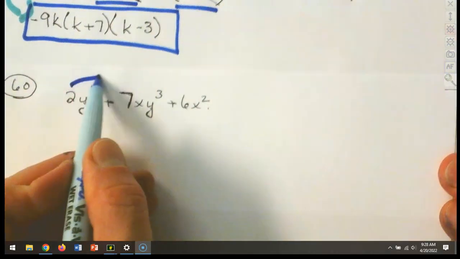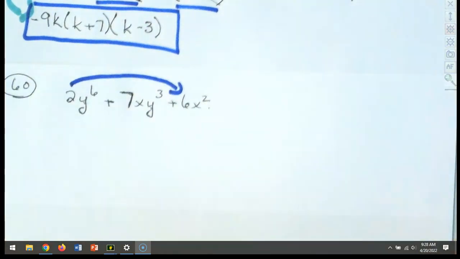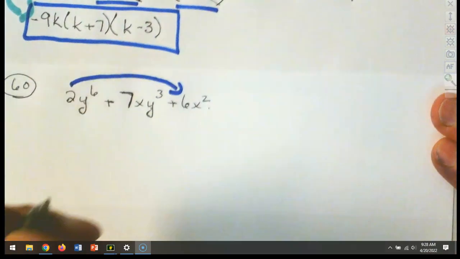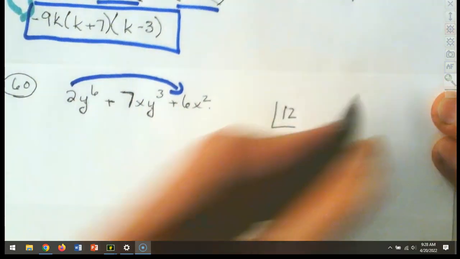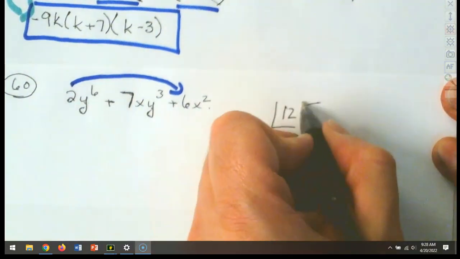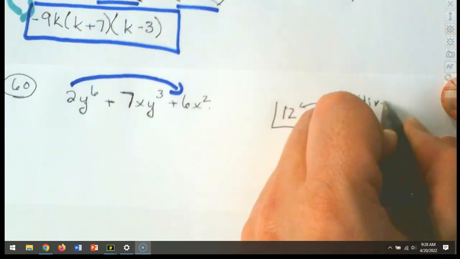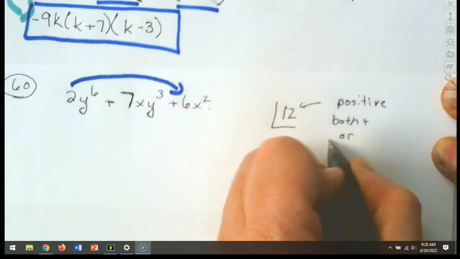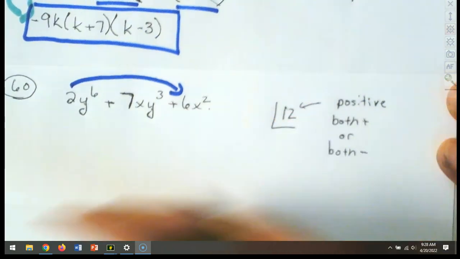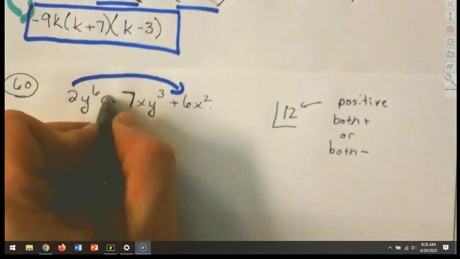So what do we do? We take our first times our last. 2 times 6 is 12. What do we know about the 12? It's positive. So we know they are either both positive or both negative. And what's the sign in the middle?